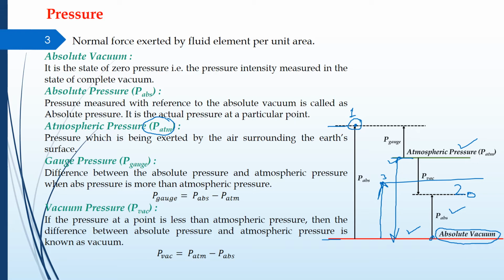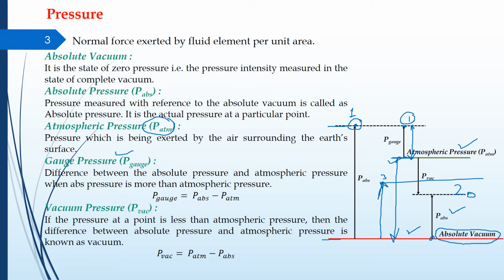Secondly, if we want to measure the pressure with respect to atmospheric pressure, suppose again it is the same level and we have taken that as point 1. If the pressure over here is more than atmospheric pressure, so the difference between the pressure at this point and this level is positive, we will call it gauge pressure.